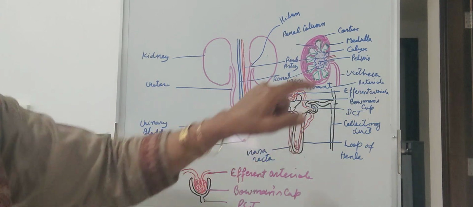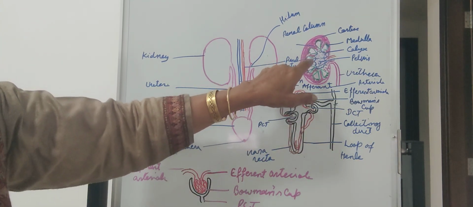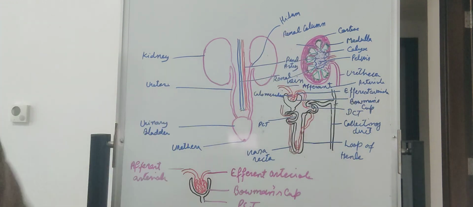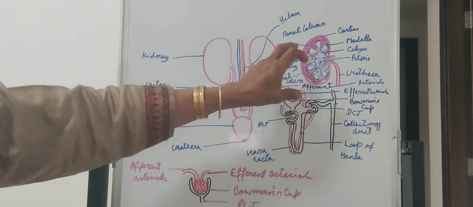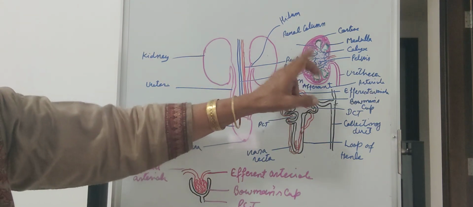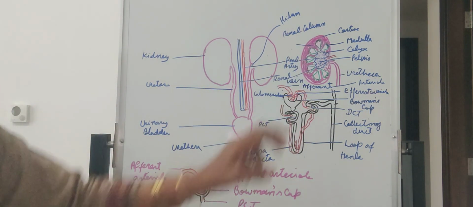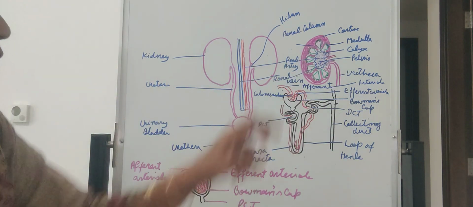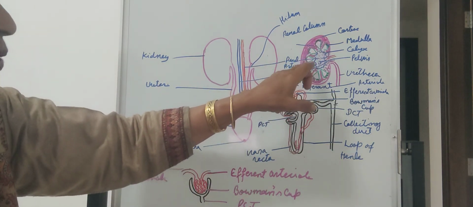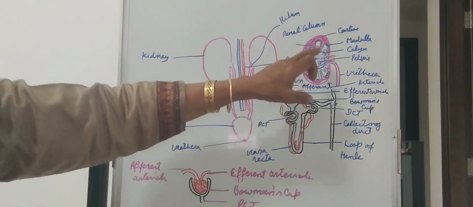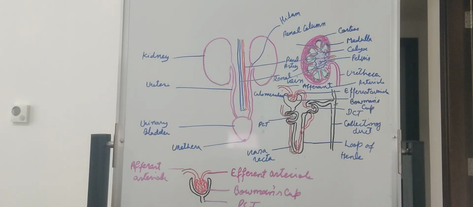The pelvis has projections on the upper side called the calyx. The kidney has two zones, cortex and medulla. The outer zone is the cortex, the inner zone is the medulla. The medulla is in the form of medullary pyramids. Each pyramid fits into the calyx of the pelvis.